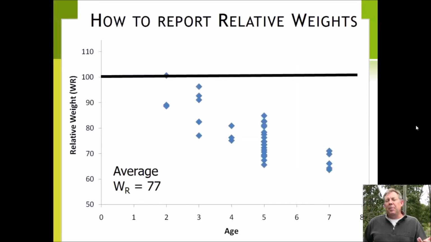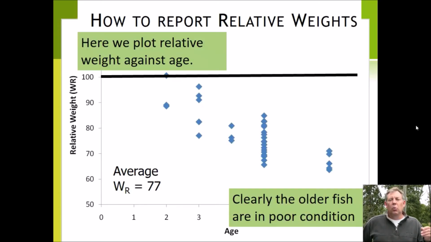Now, you didn't see many patterns in that previous graph, but this graph illustrates the utility of plotting relative weight against a different value. In this one, we're plotting relative weight versus age. Sometimes this can be very similar because the older fish are also the longer fish.